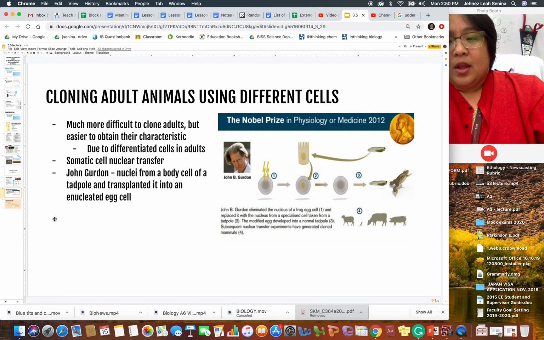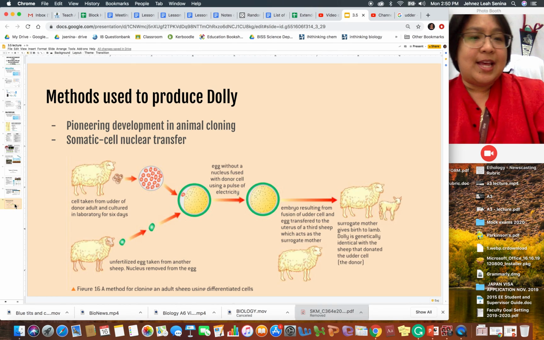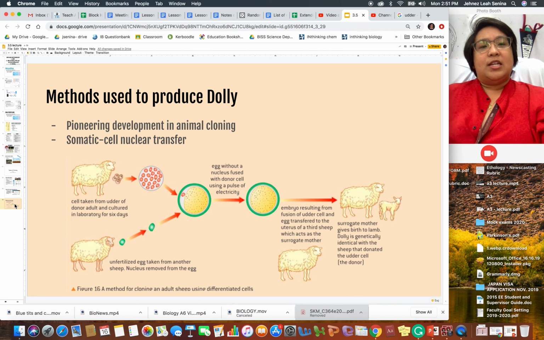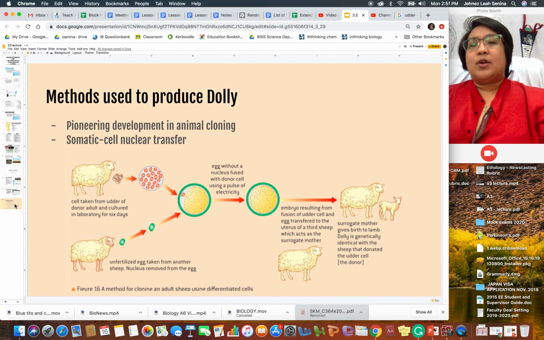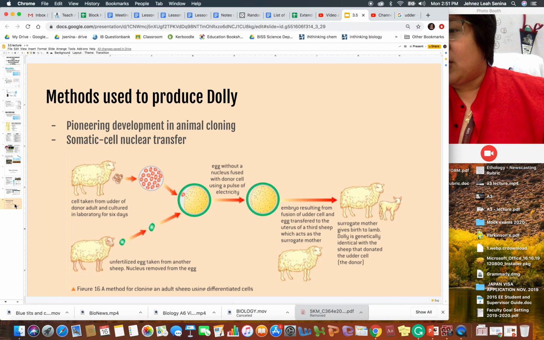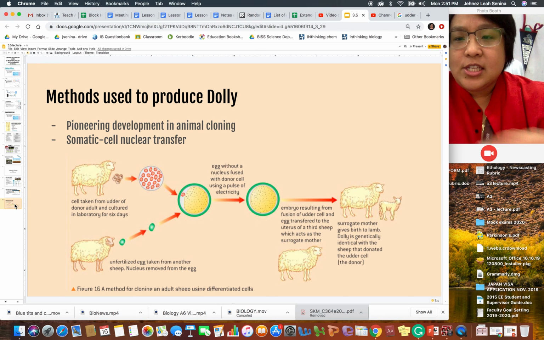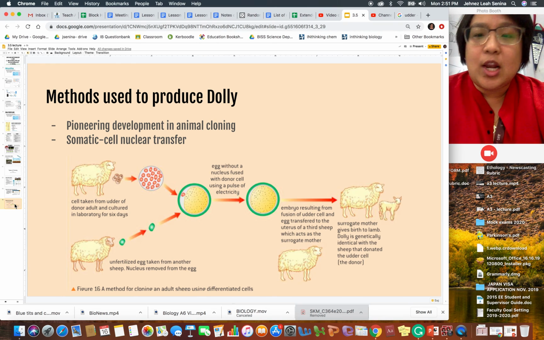So to be able to understand that, you need to discuss somatic cell nuclear transfer as it has been done with Dolly the sheep. You may be familiar with Dolly the sheep. It's the first cloned animal. And this is the story in cloning Dolly the sheep.